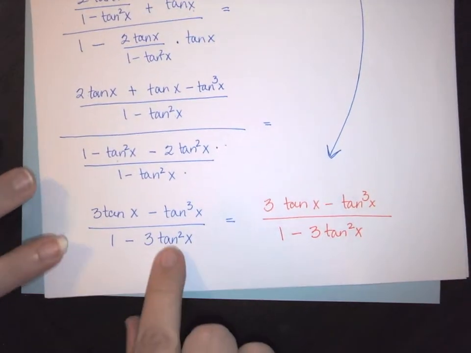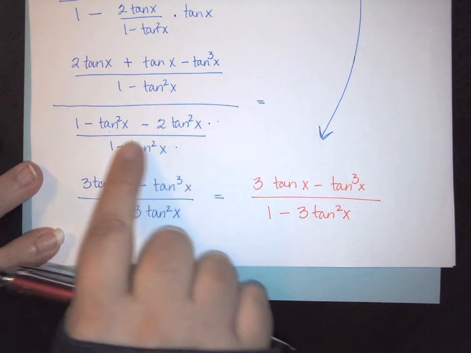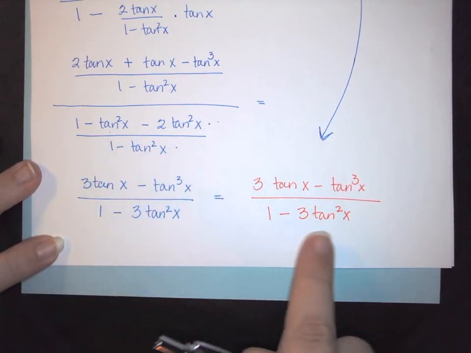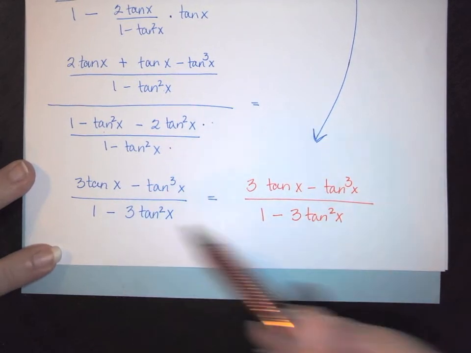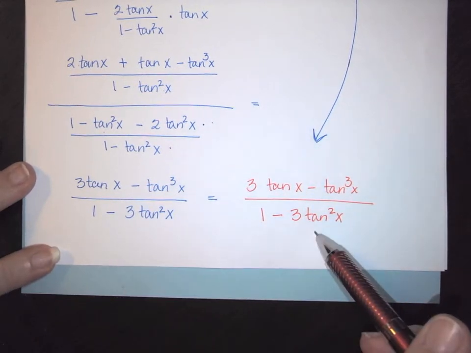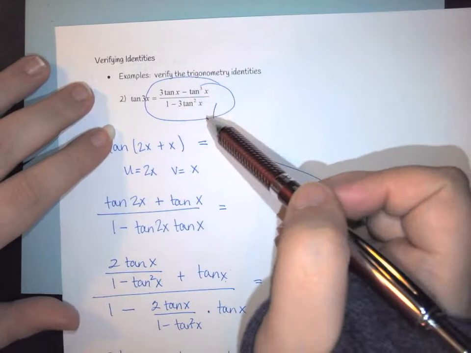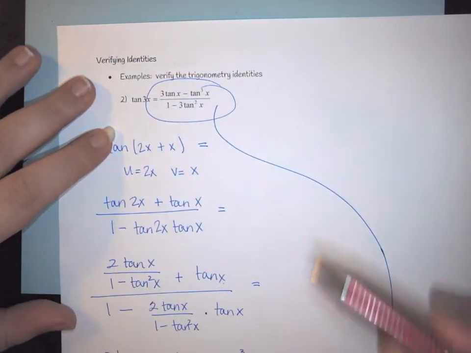So if you look, notice what I manipulated on my left hand side equals the right. Thus, this verifies the identity, which says that I now have a new identity.